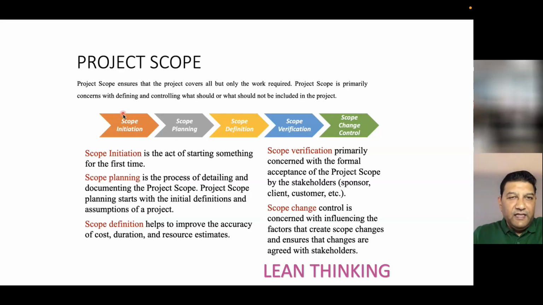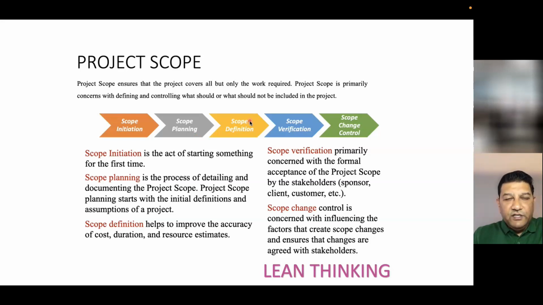You'll come up with the scope initiation, and you decide within your team the act of starting something for the first time, how you are going to do that. Scope planning: you are going to plan the process and give the details of the project scope, where you are going to work on the work breakdown structure and come up with the activities.